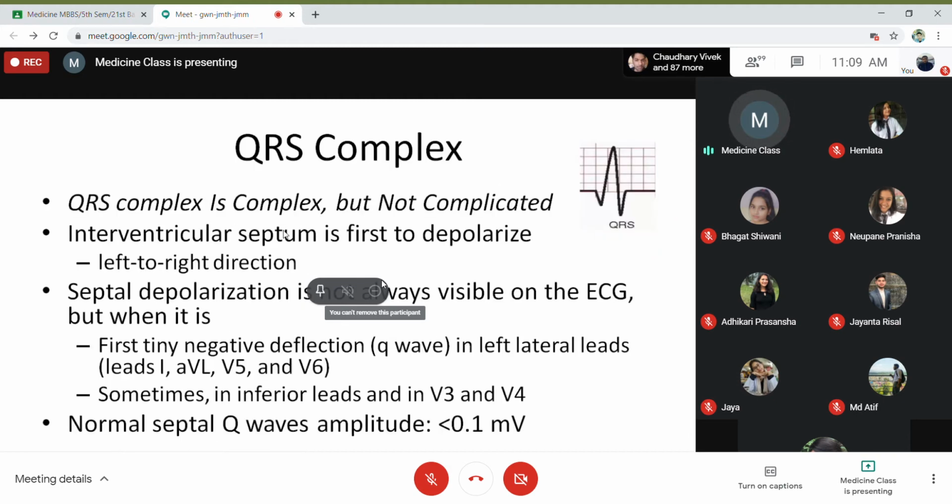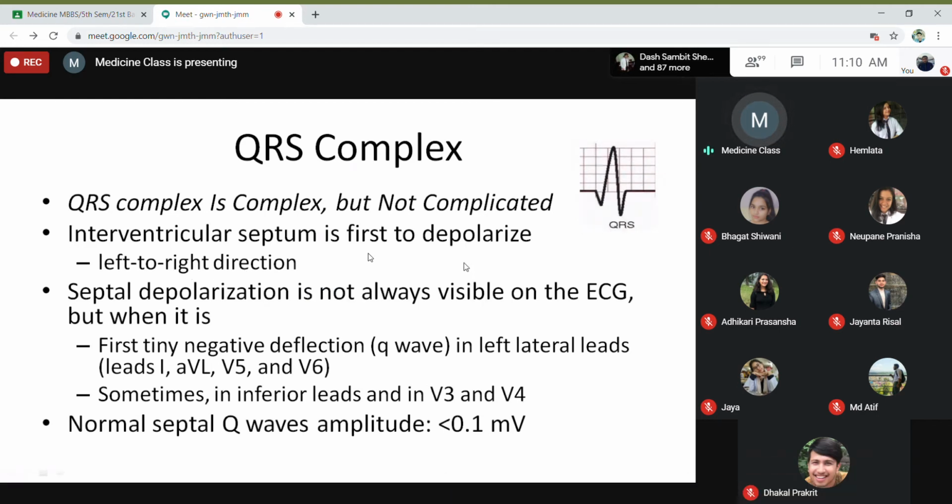And the QRS complex is usually comprised of Q, the negative deflection, R, the positive deflection, and S, the second negative deflection. The Q wave is sometimes absent or very small.